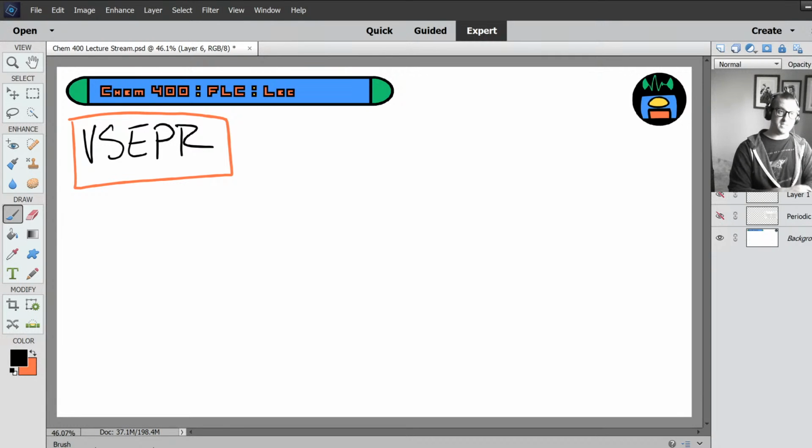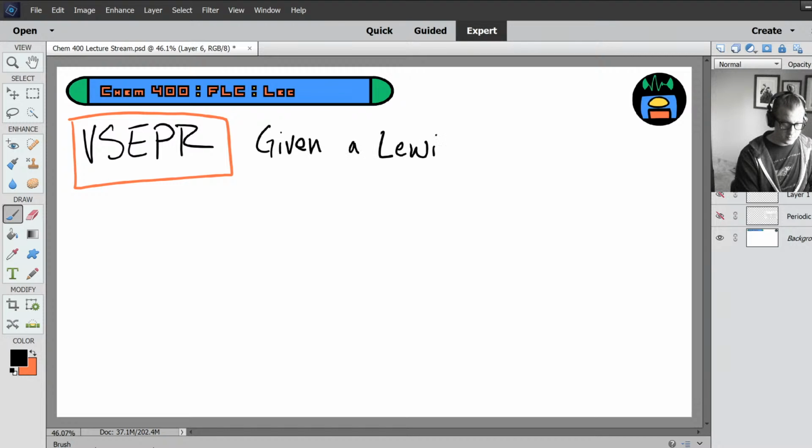So with respect to VSEPR geometries on the exam, and there'll be more information as I get closer to writing the exam, you can be given a Lewis structure, or I could also give you a chemical formula.